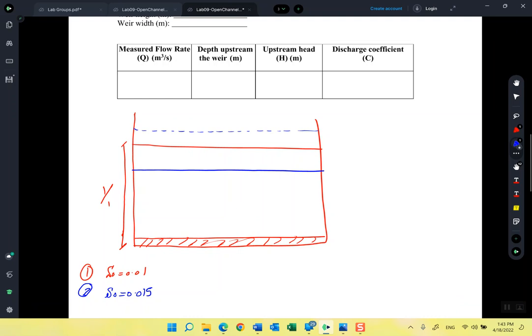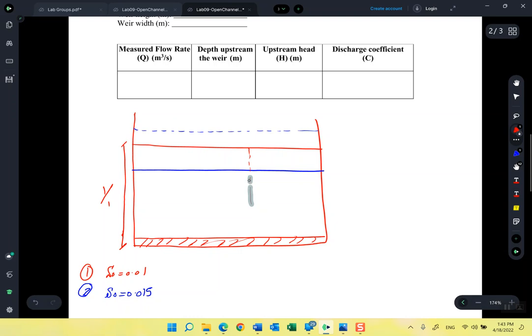Increasing the velocity will reduce the cross-sectional area, right? Reducing the cross-sectional area can either reduce the width or the depth, but it can't reduce the width. The water can't say, okay, I will only pass through this width. This is like an open section. This can't happen.